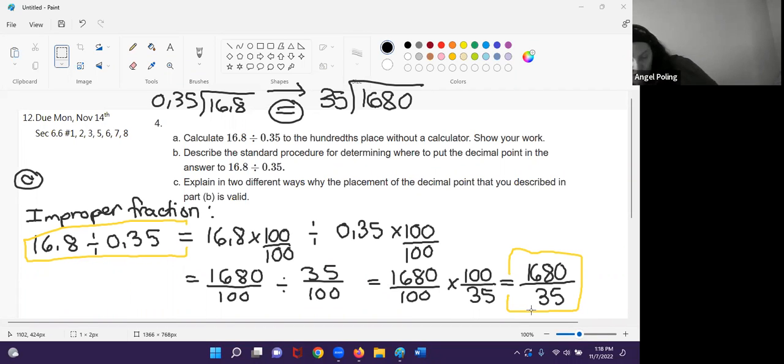Okay, so we're gonna show two ways, I think, or maybe we're still gonna express it in a few ways, right? Let's see. So we showed that. Another way to explain why the placement of the decimal point is correct is to use that like size argument that we had.